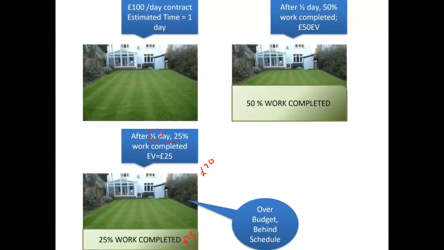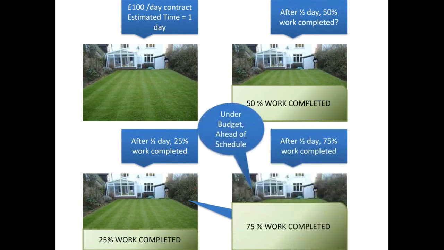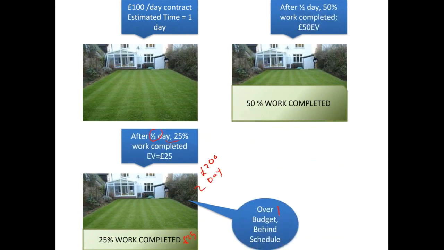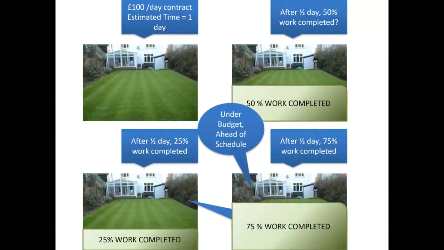So your project total cost will be £200, because you have a cost of £100 a day, and the project will not be completed in 1 day, but will be a 2 day activity. So this is going to be a project which will be over budget and behind schedule.